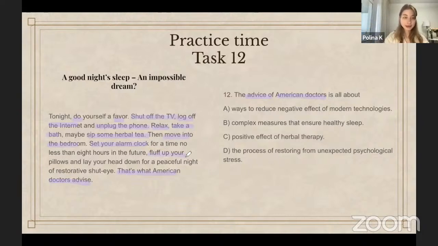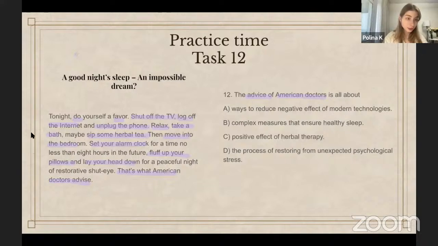And then fluff up your pillows, lay your head down, and that's it. So if we try and find the bottom line of all this, how would you pin it down to one answer? All of these points, shut off the TV, log off this, do this, that. Receiving the answer B. Okay, absolutely. Complex measures to ensure healthy sleep.